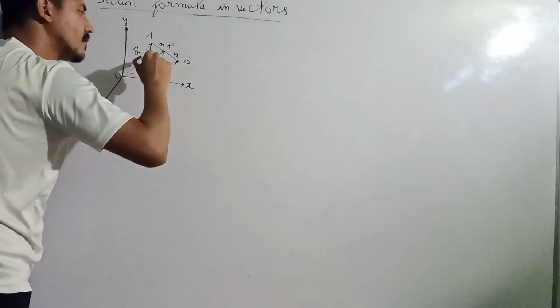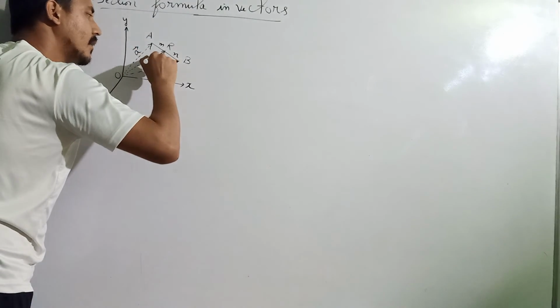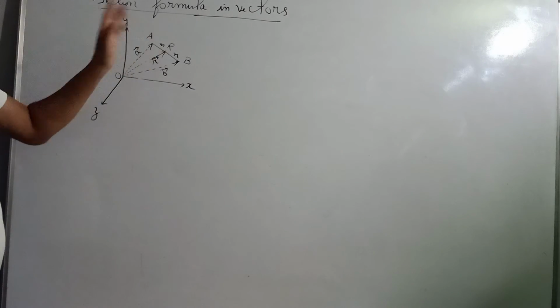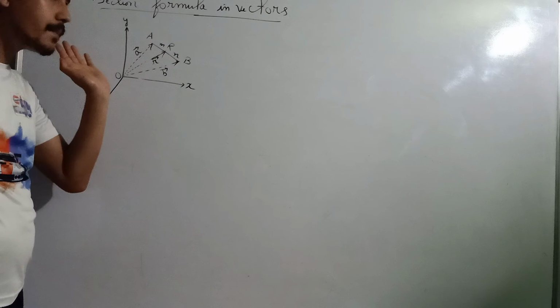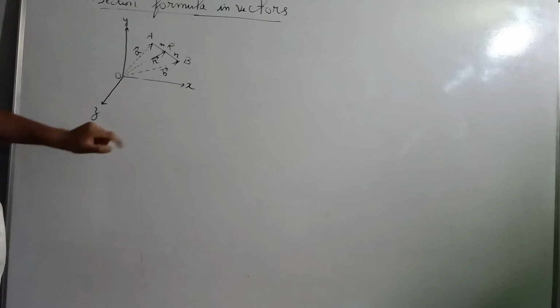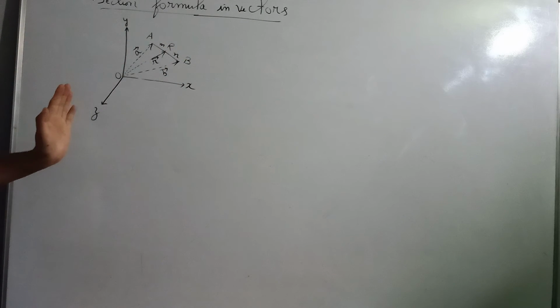Let the position vector of R be denoted by vector R. So here R divides AB internally in the ratio m:n.